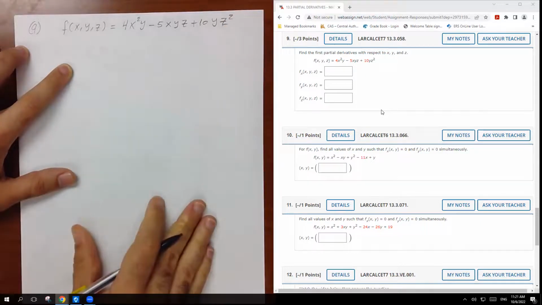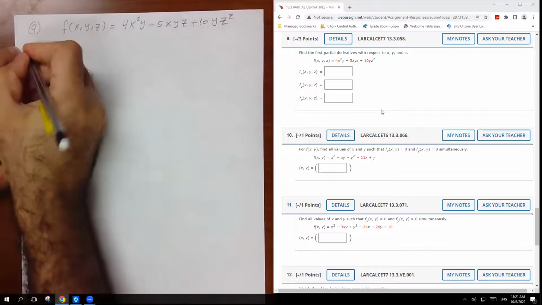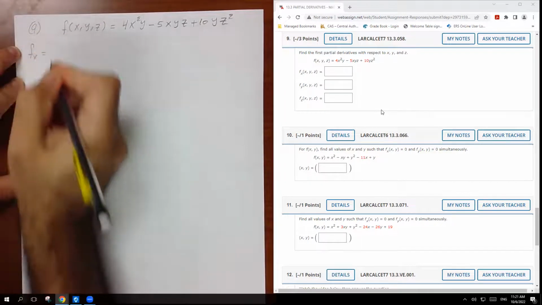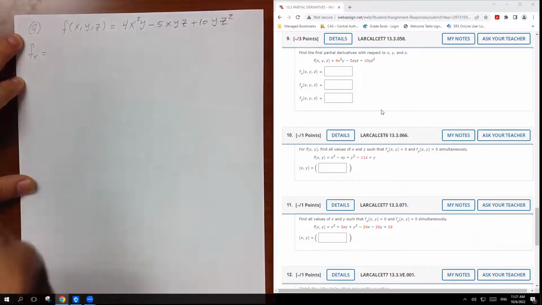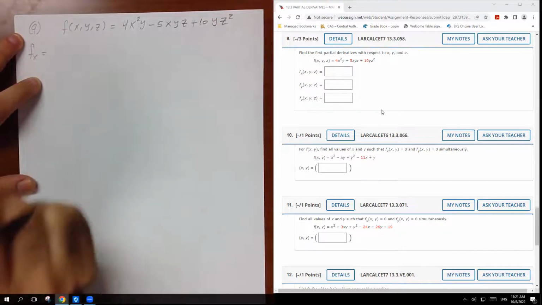Okay, let's find the first thing with respect to x. So f sub x is going to be equal, again, with respect to x, that means y and z are constant.